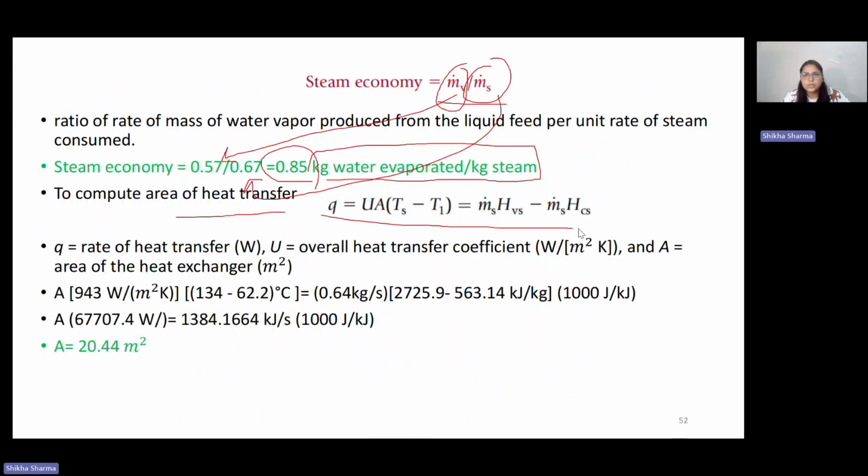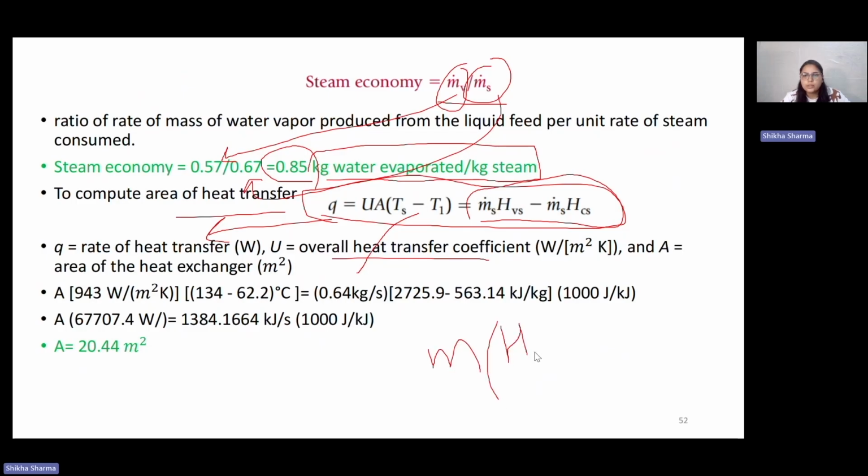So Q equals UA delta T. Q means the rate of heat transfer, equal to the overall heat transfer coefficient into its area into delta T, which equals MS, because heat is exchanged using the steam.